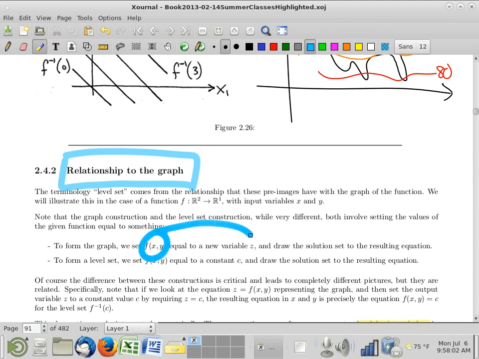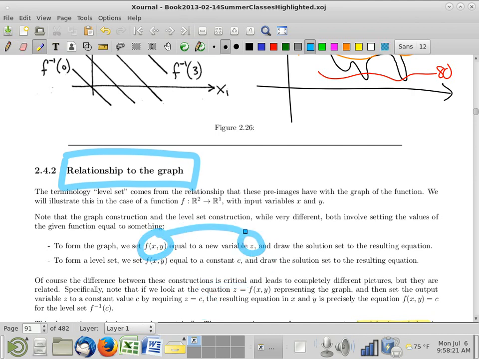If f is equal to z and if z is equal to c, altogether f is being set equal to c. All right, now let's say that same thing in geometric language.